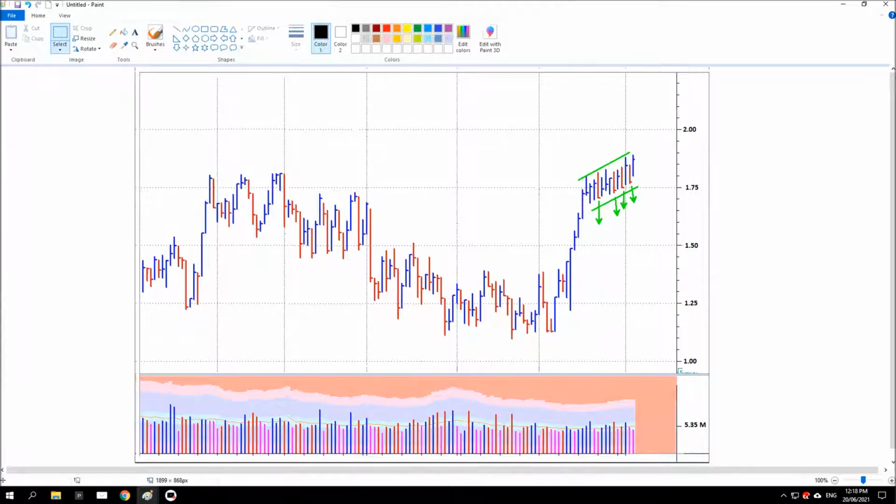And the final thing that we look at is clustering of closes together. You can see here, there's three closes together. Here's three more closes together. And two level closes here.